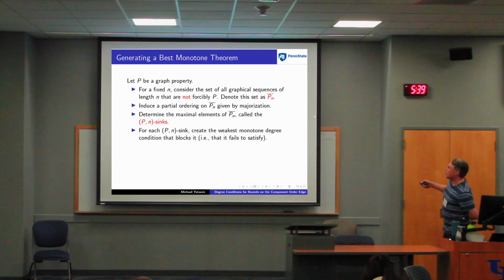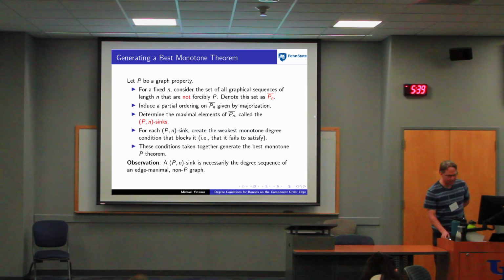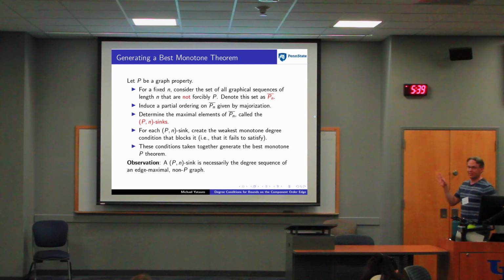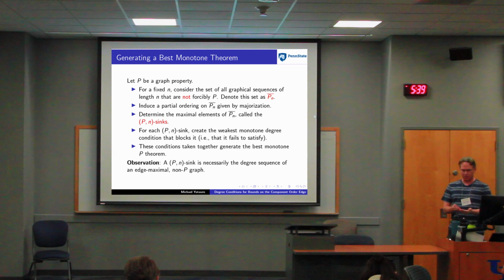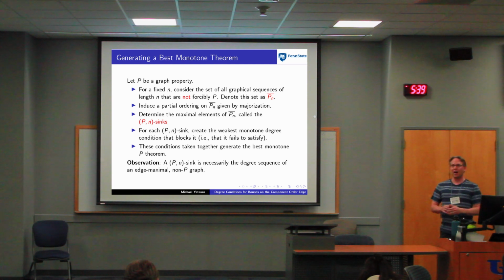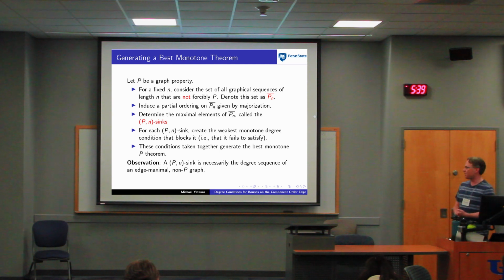So the reason why I'm skipping ahead is I just wanted to summarize what this slide said. So this is generating a best monotone theorem. So the idea here is you have a property for which you want to create a best monotone P theorem. So you want to lay out degree conditions that are sufficient and also provide a weakly optimal P theorem.